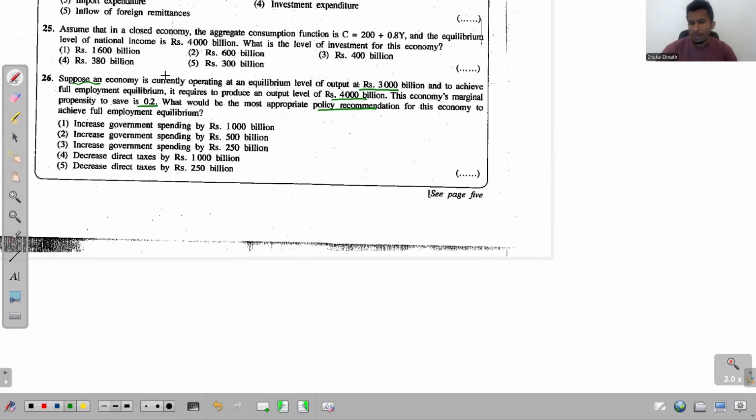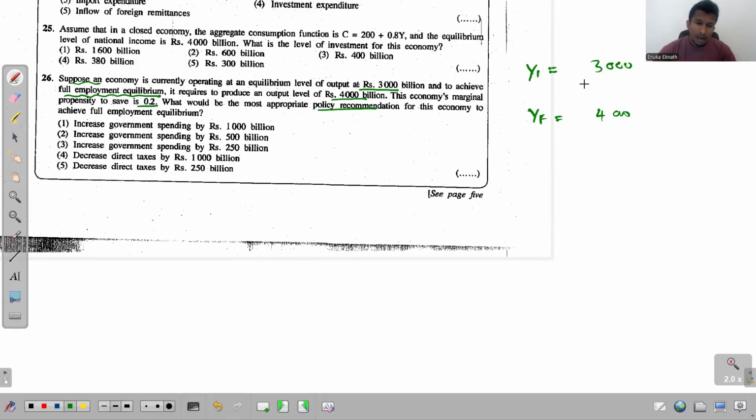All right, so if you just recognize the given values here, the first value is 3000 and that's the current level of national income. And if the economy achieves the full employment equilibrium, its national income will increase to 4000.